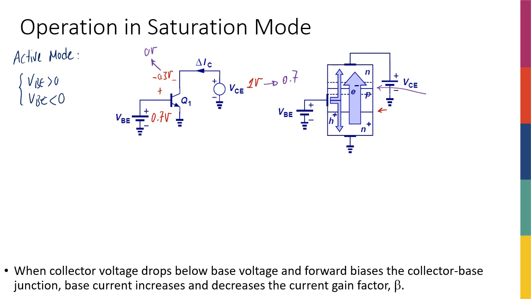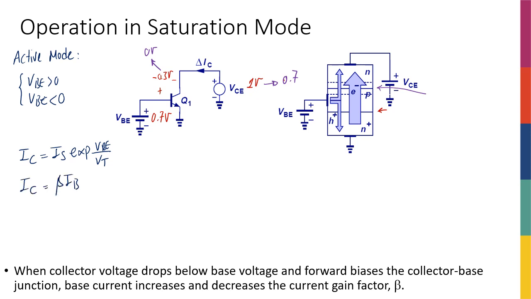So I still have my nice exponential expression for the collector current: IC is still Is e to the power of VBE over VT. For now, forget about the early effect and all that. We're just trying to focus on the saturation region and what happens when I reduce the collector voltage. The other thing I can still say is that IC is still beta times IB.